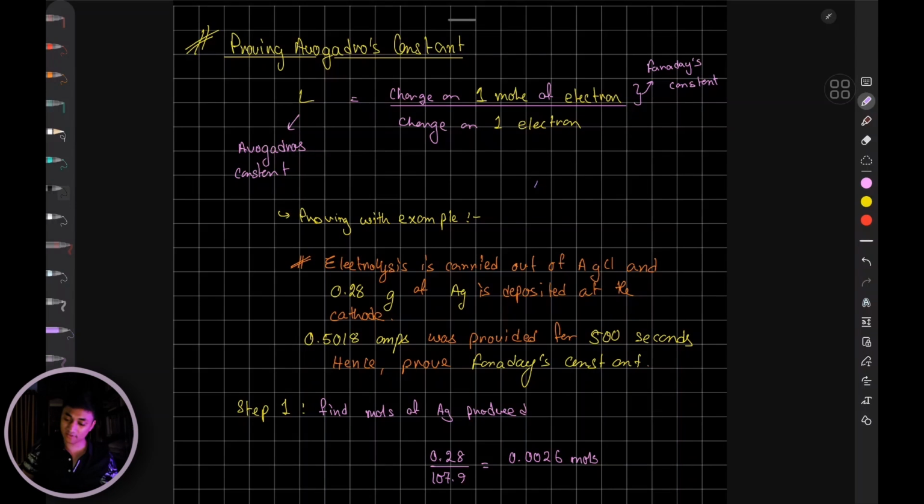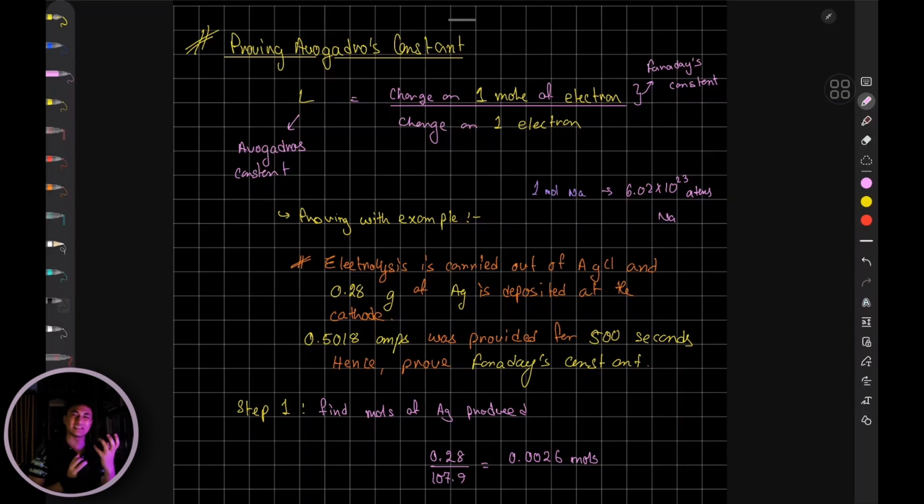So if I say I have 1 mole of sodium, therefore 1 mole of sodium will have 6.02 into 10 to the power 23 atoms of Na.